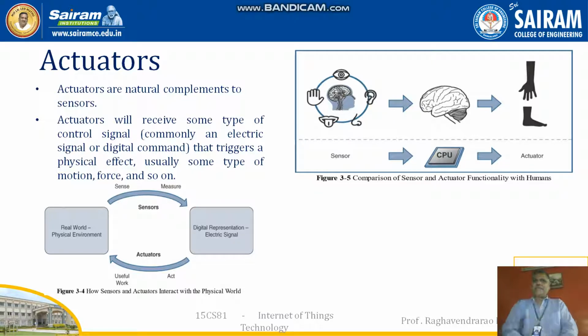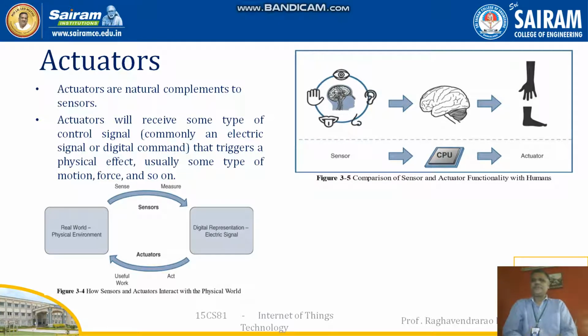Another very clear piece of information is the comparison of sensors and actuators. You can see the human: the sensors in the human are fed to the CPU, which is the brain.